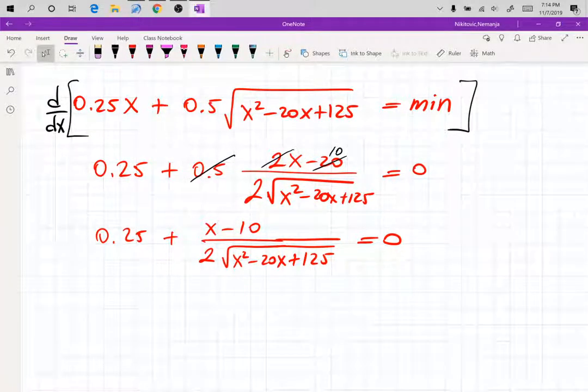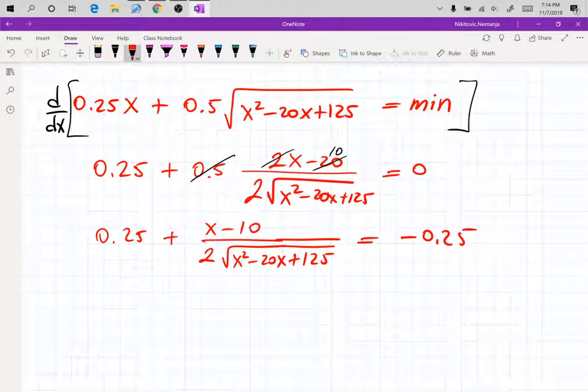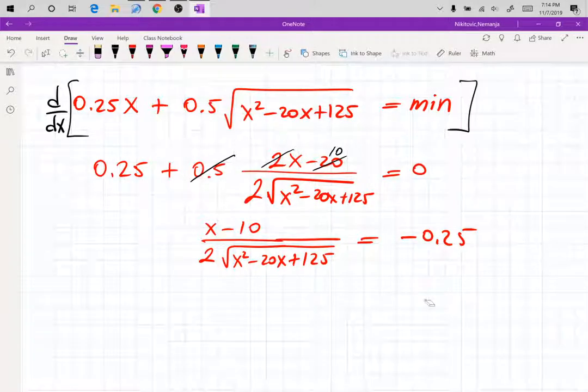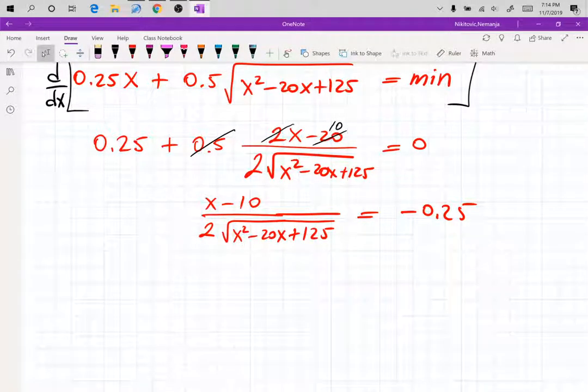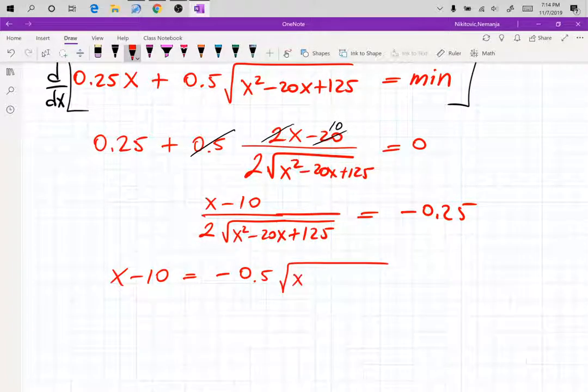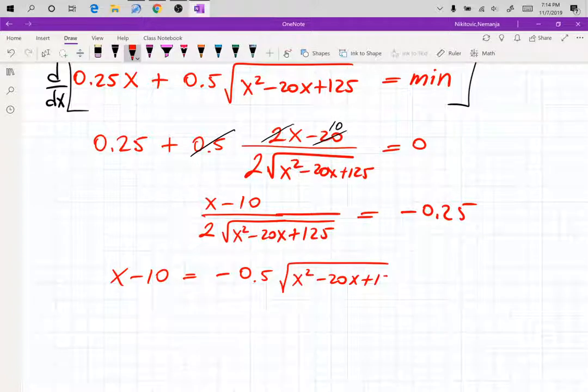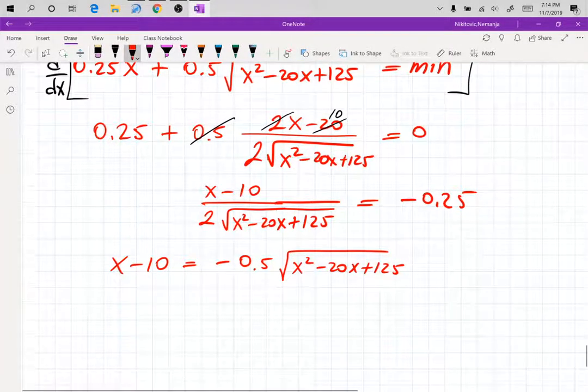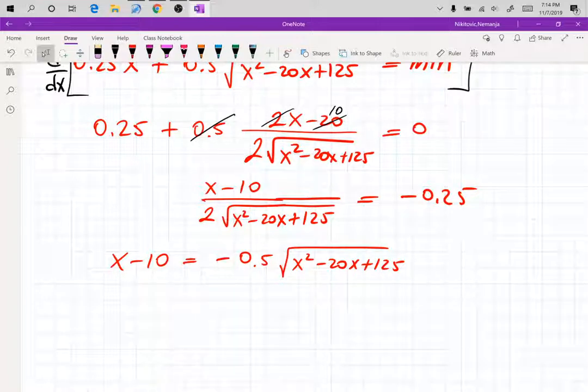That's it. You solve this, you solve the problem, because that will give you x. Well, you move 0.25 to the right hand side, becomes negative 0.25. And now cross multiply. x minus 10 is equal to negative 0.5 times the square root of x squared minus 20x plus 125. And now you square both sides to kill the square root, and that will also kill the negative sign.